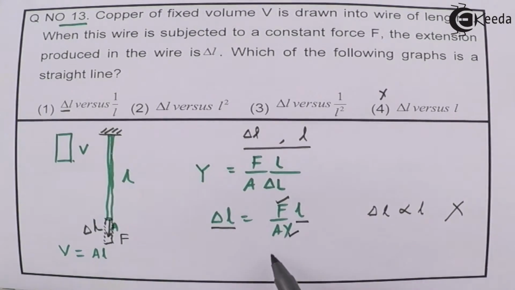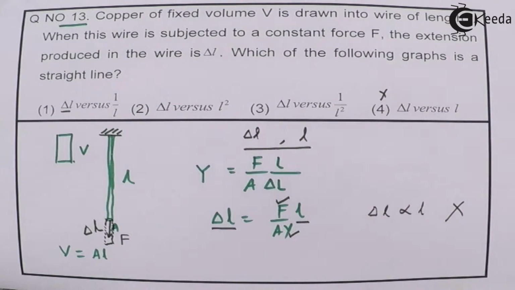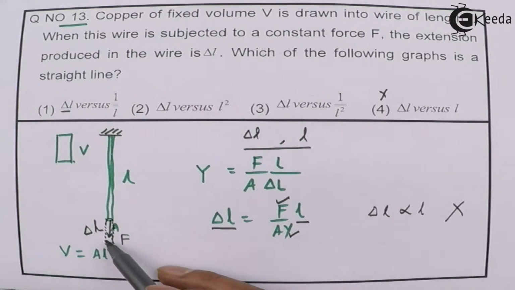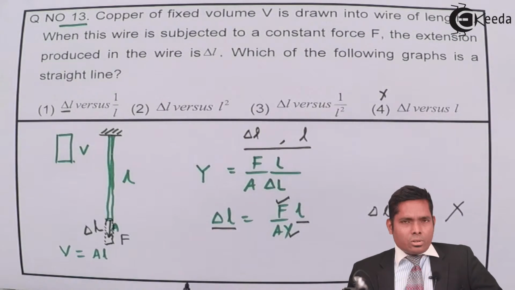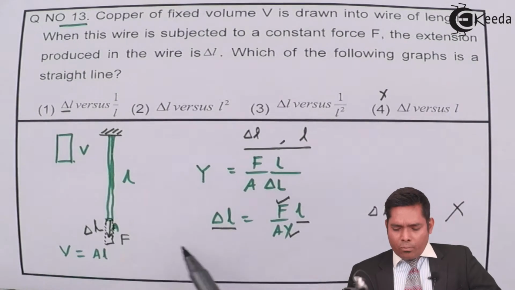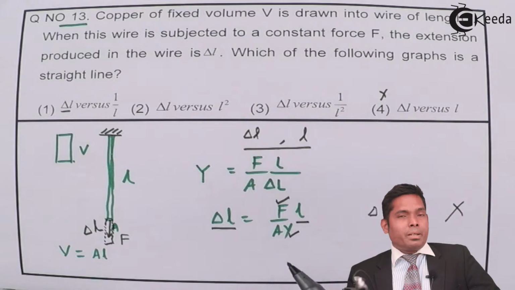Y is constant, that is fine, because by extending or compressing any material, Y is not going to change. What is going to change is the area. Here A is not constant. Because when the wire is extended by delta L, the wire becomes thinner as it expands. So the area is not same. But in both the cases, the same force is applied and the Y value remains same.